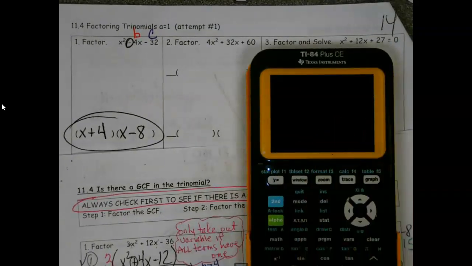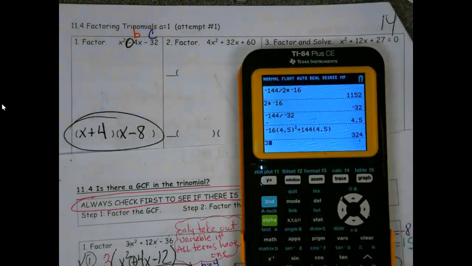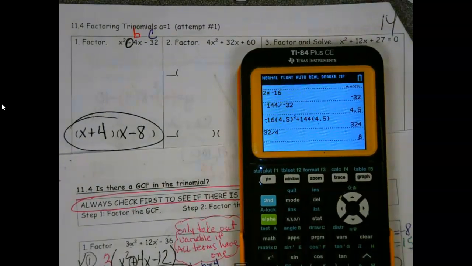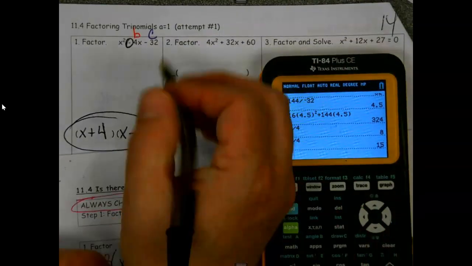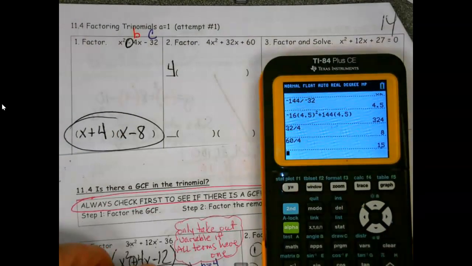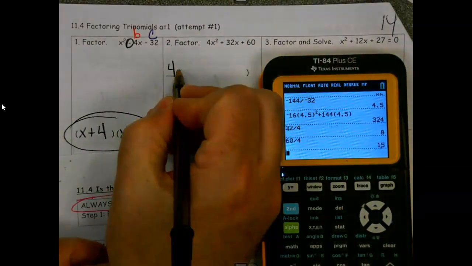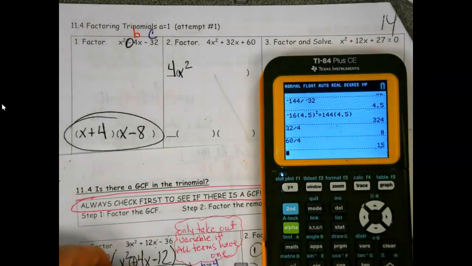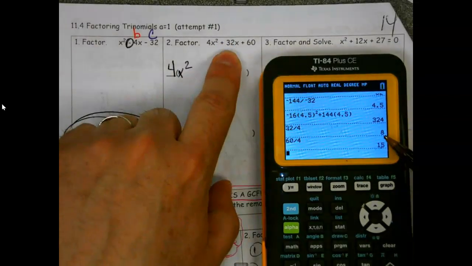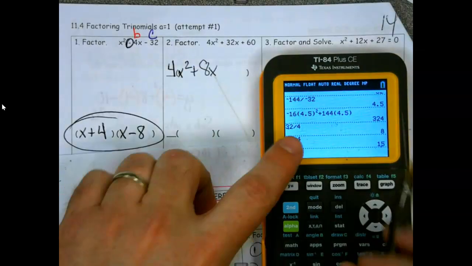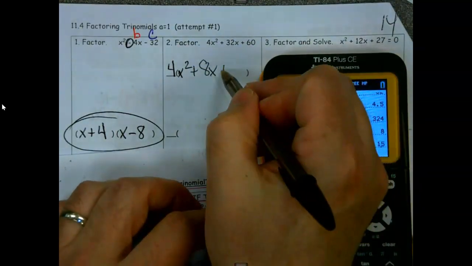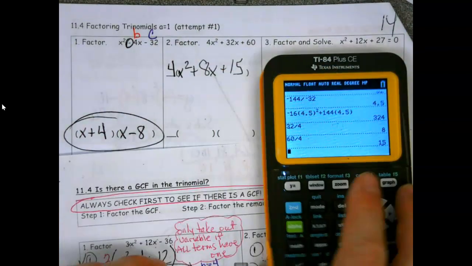So I'm just going to test that theory out for a minute. Does 4 go into 32? Yes. Does 4 go into 60? Yes. So I'm going to take 4 out. So we just take that away from the x squared. 32 divided by 4 is 8. And 60 divided by 4 is 15.